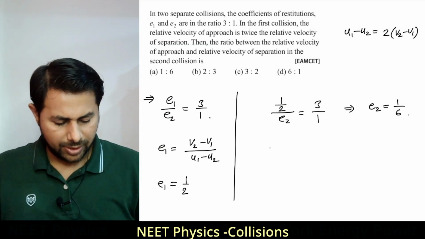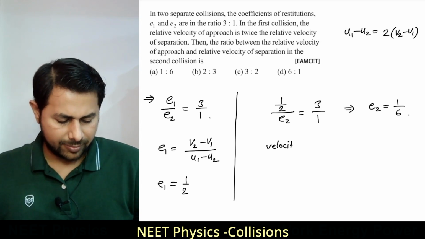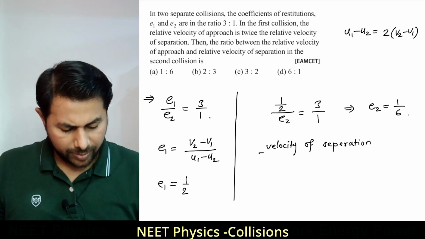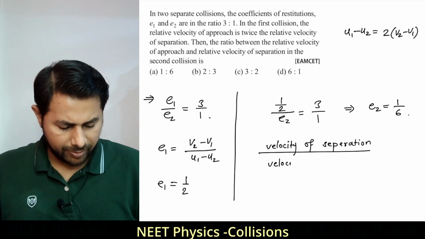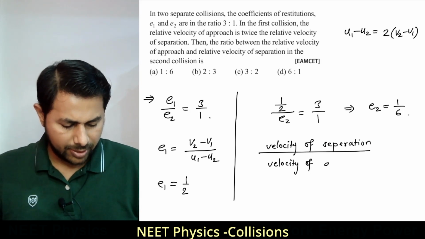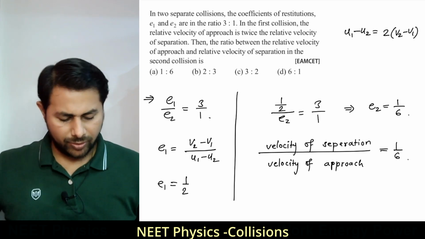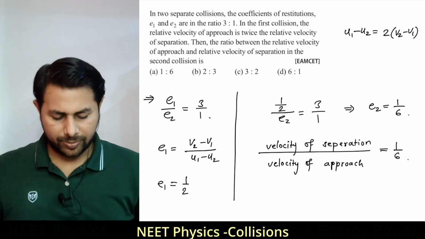So this is velocity of separation divided by velocity of approach, that's equal to 1 by 6, right? But you want velocity of approach to velocity of separation, right?